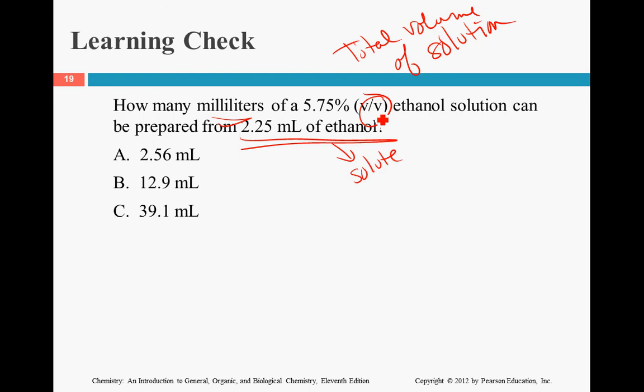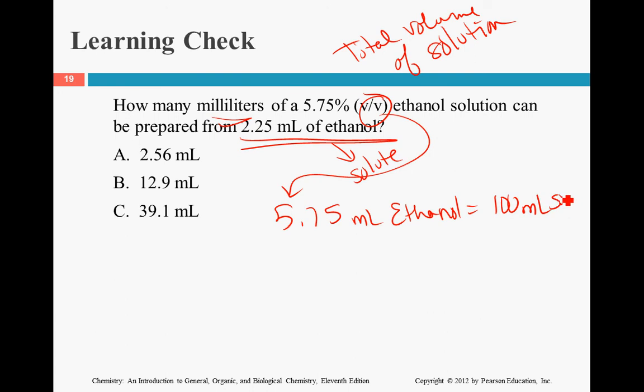So once again, this can be turned into a conversion factor. For every 5.75 milliliters of ethanol, we will produce 100 milliliters of solution. So we're starting off with 2.25 milliliters of ethanol.